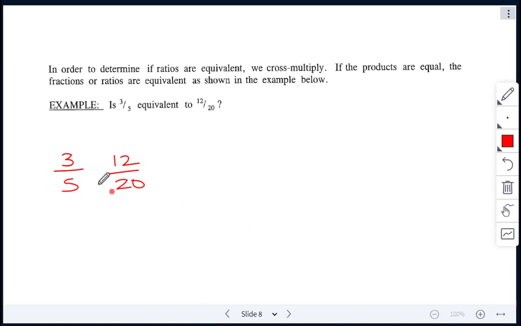One method is called cross multiplication. We're just going to multiply 3 times 20, which is 60, and 5 times 12, which is 60. So 60 and 60, that's equal. Therefore, the two fractions are equivalent. So yes, they are equivalent. Okay, so that's a method called cross multiplication.